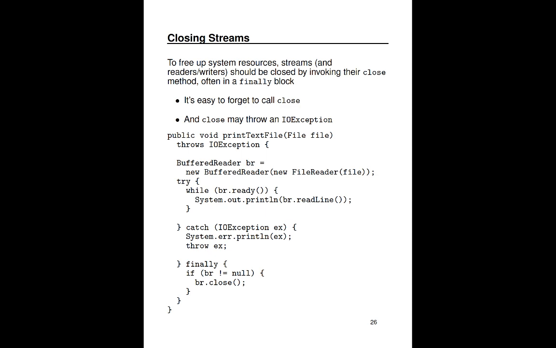And hey, if there's any I/O exception, then it prints out a message and then rethrows it. And then in the finally block, if your buffered reader actually was created in the first place, it'll call close and clean up. This code works. This code is fine, but I don't know about you, I always forget that finally block, right? I always forget to close my readers and writers once I'm done with them.